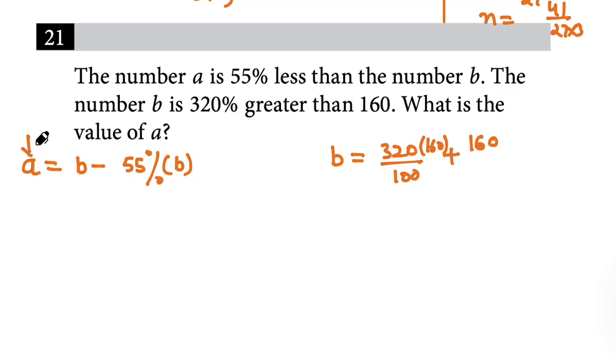Now it has two variables, A as well as B, and here we have only B. So we can solve this first to find the value of B. That is 3.2 times 160 plus 160.